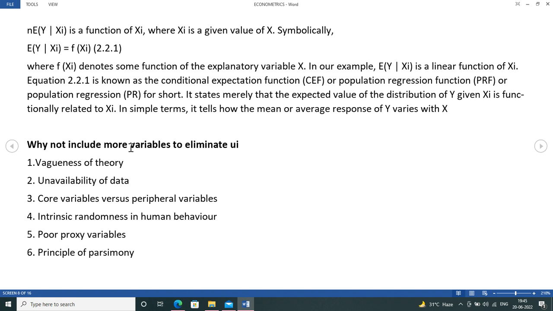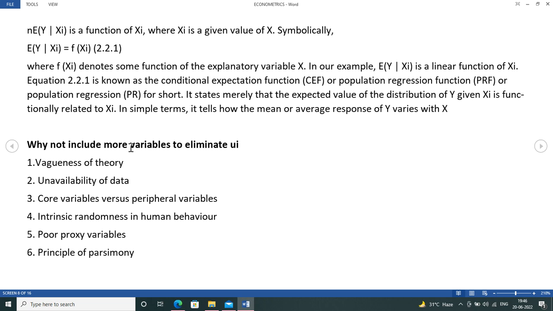Even if you include all of the factors which influence consumption, there will be an element of human behavior which can deviate from the estimated value. And there is also the issue of poor proxy variables. Consider Milton Friedman's permanent income hypothesis, where consumption is a function of permanent income. Here you can't measure permanent income.